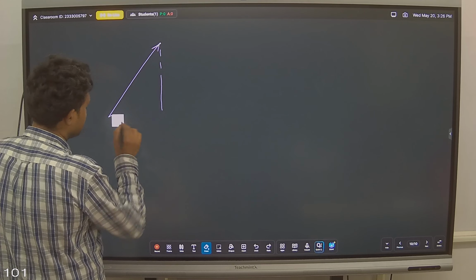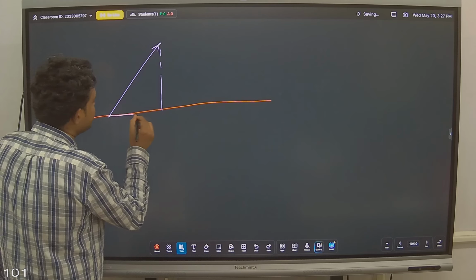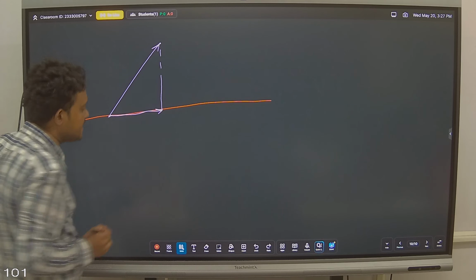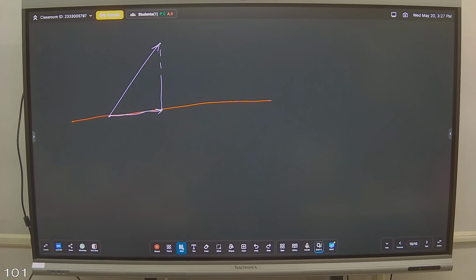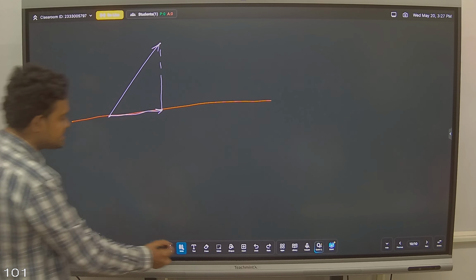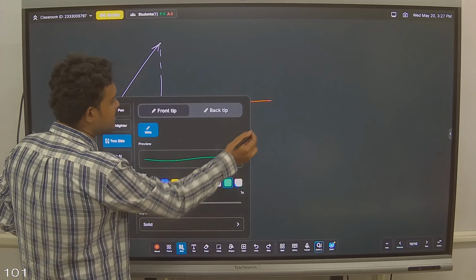Given this direction, there is only one component. To find that, I have to drop a perpendicular to the line, and then this vector is going to be the component, right? To show this direction, I can give any vector I want along the direction.